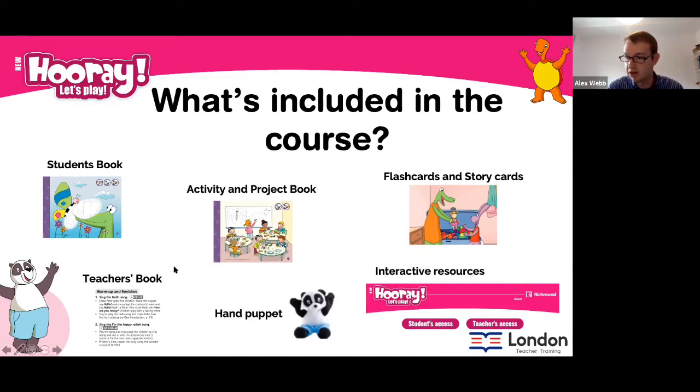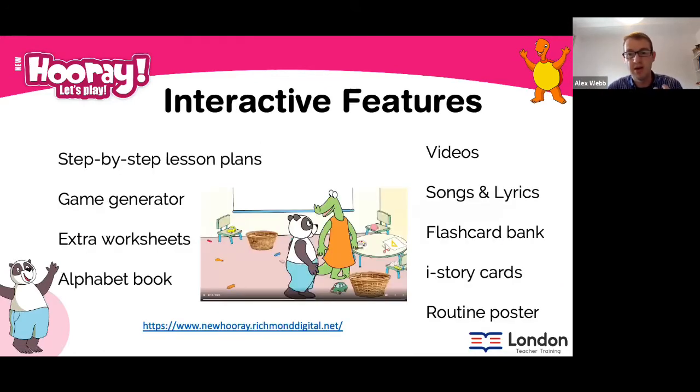Before we have a look at it, I'll just run through what the interactive resources actually include. You'll see there are step-by-step lesson plans. There's a game generator for the students. If you need extra worksheets, you can find them in here. There's an alphabet book for practicing early writing skills.